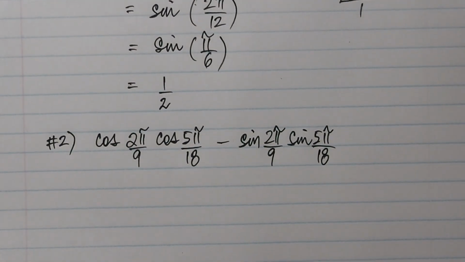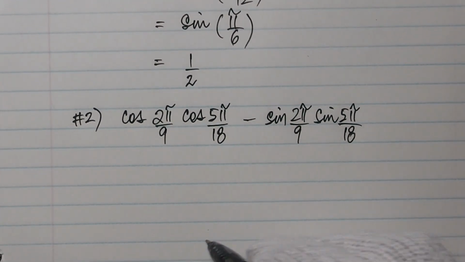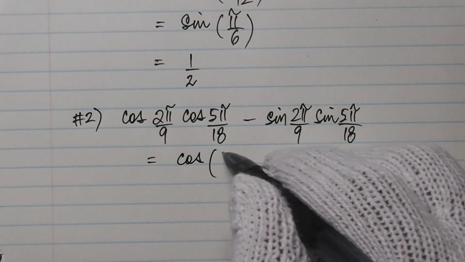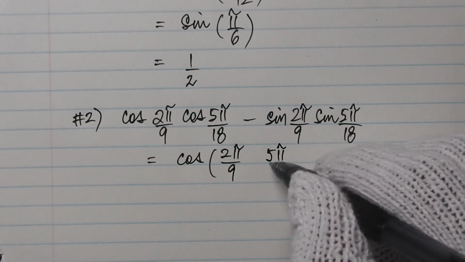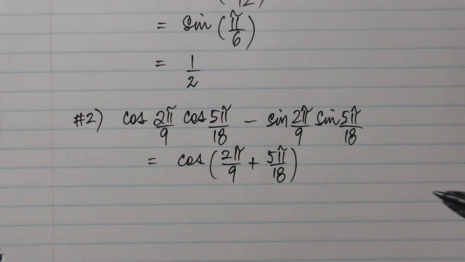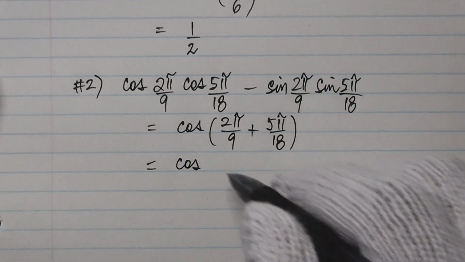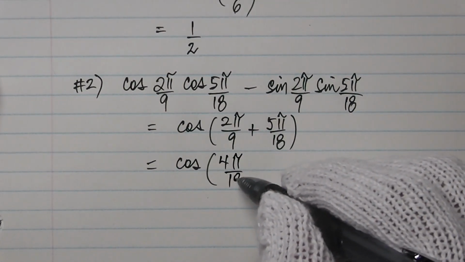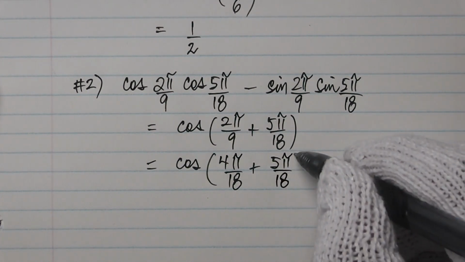This involves cosine, cosine, sine, sine. So now we probably have a cosine identity. So this is probably cosine of 2 pi over 9 and 5 pi over 18, and the sign of cosine is usually opposite. So when we add those two, that's going to be the same as cosine of 4 pi over 18 plus 5 pi over 18.